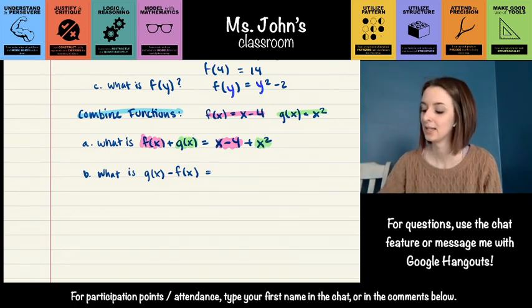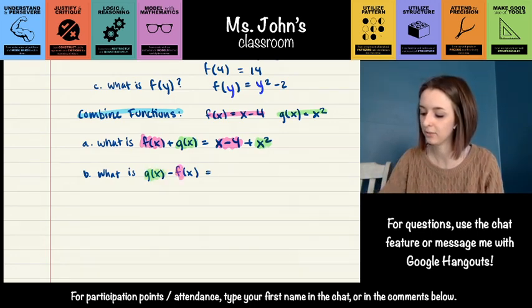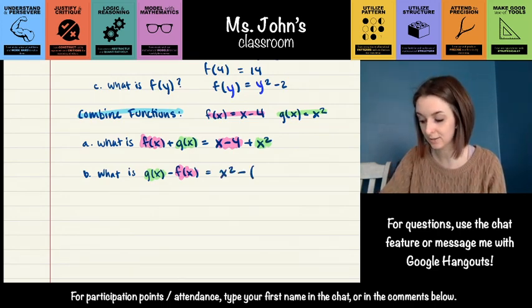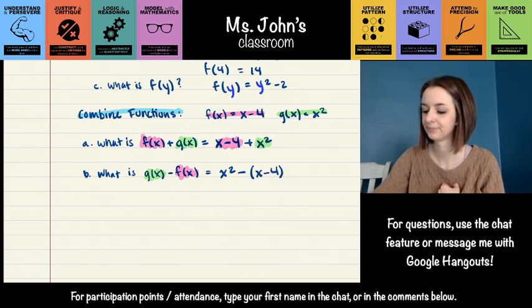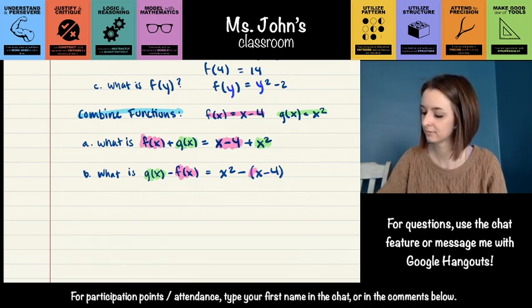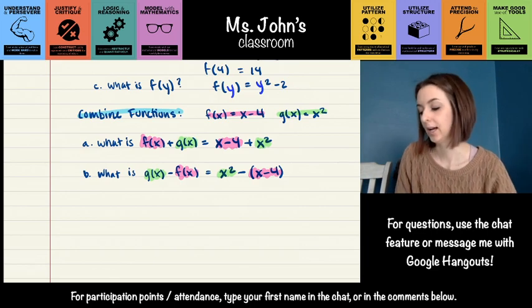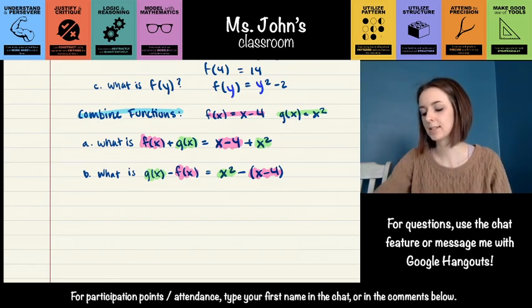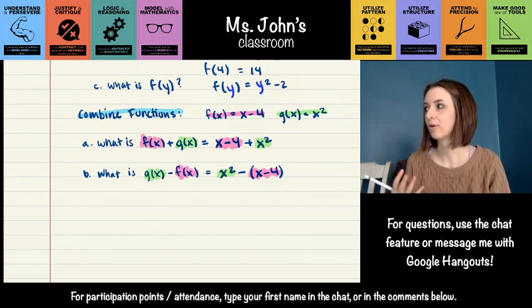So we're going to say, highlighting again, g of x comes first, and then we're taking away f of x. So I'm going to do x squared minus parentheses x minus 4.